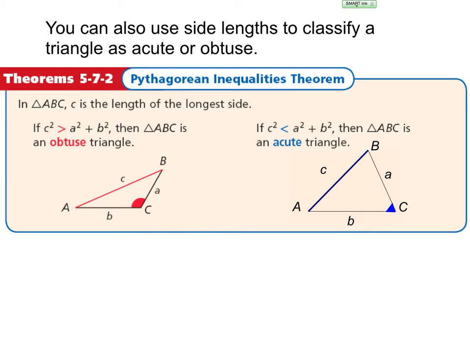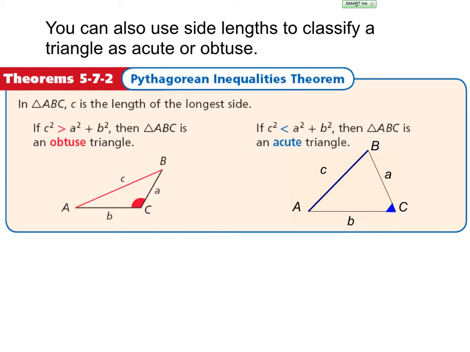So if the c squared is bigger, it's an obtuse triangle. You can see in the if-then what the hypothesis would be. C squared greater than a squared plus b squared is your hypothesis. Conclusion, triangle ABC is an obtuse triangle.